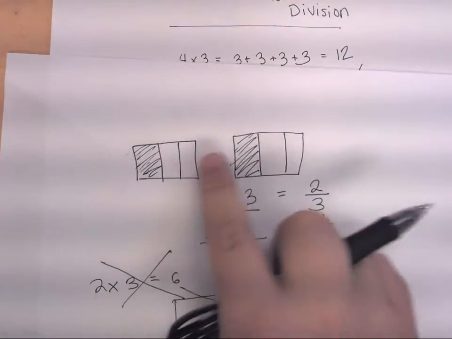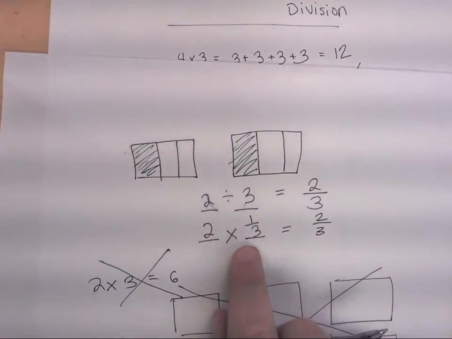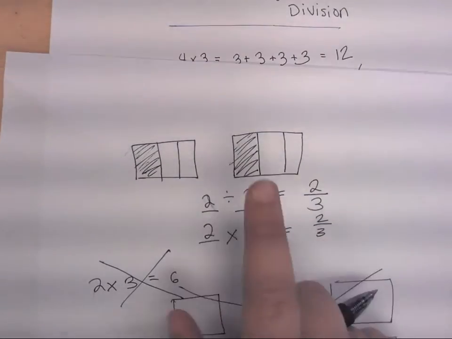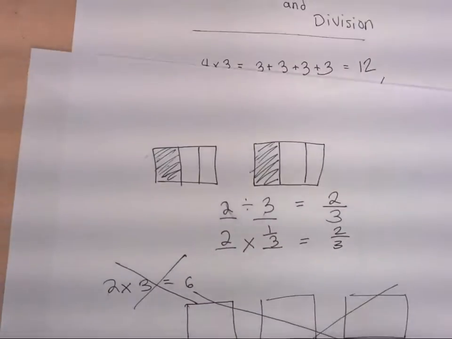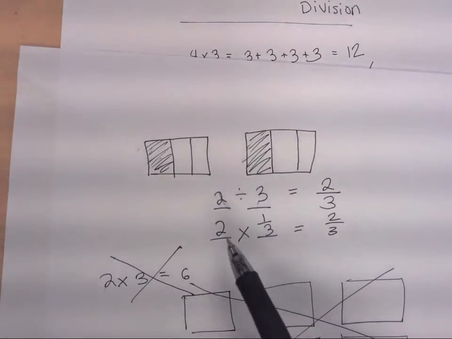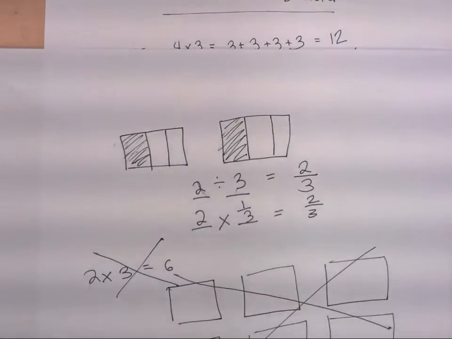I have 2 groups of 1/3, so I can write 2 multiplied by 1/3, and that also gives me 2/3. So looking at this situation, it could be interpreted as 2 divided by 3, or as 2 multiplied by 1/3.